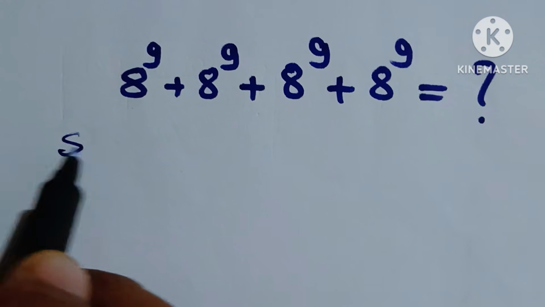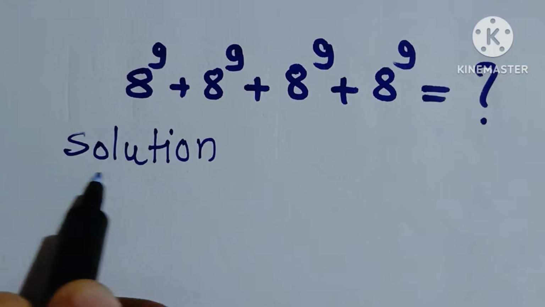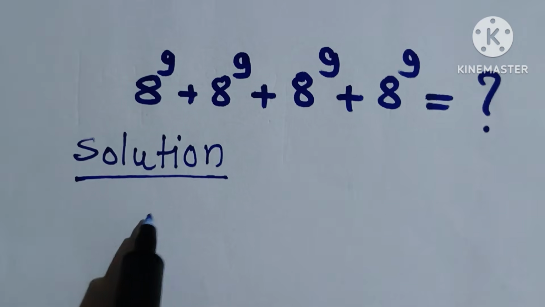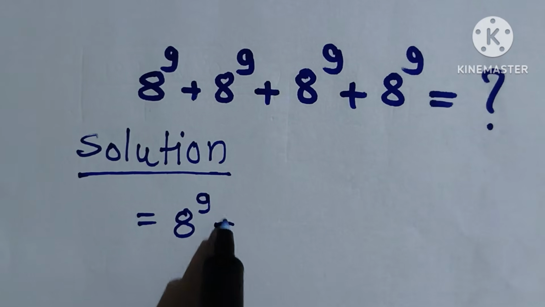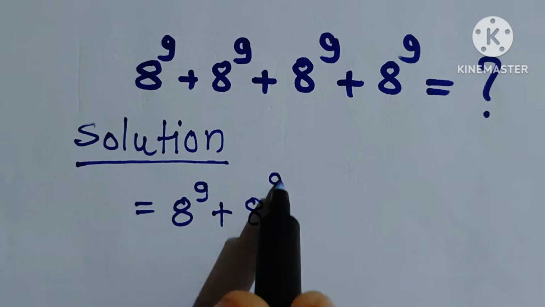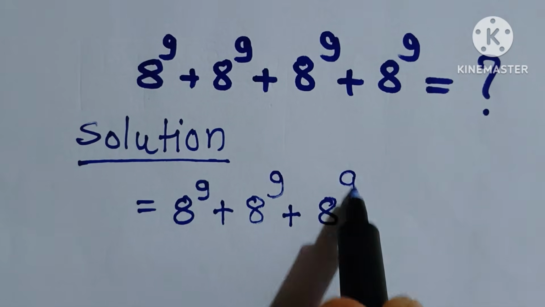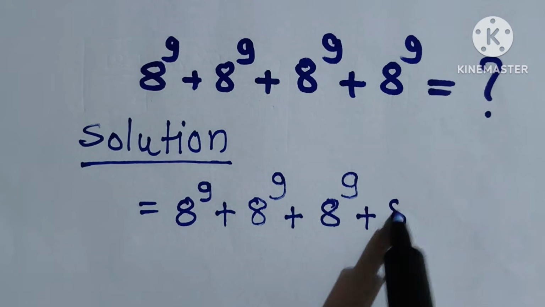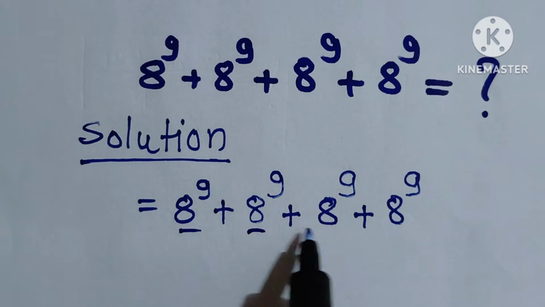So solution: 8 raised to power 9 plus 8 raised to power 9 plus 8 raised to power 9 plus 8 raised to power 9. So 8 is 4 times.